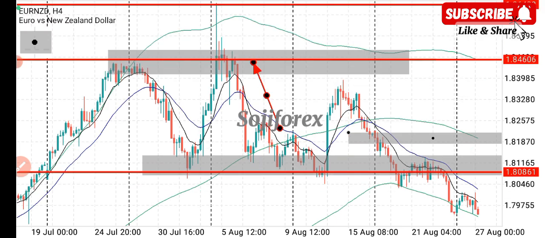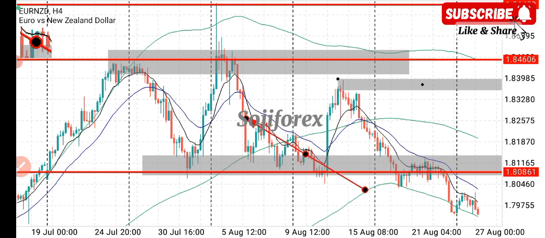Now, what you are marking must be a significant zone. Okay, you don't need to come, for instance, to this point and mark this one here. That is not what we are marking. It must be a significant zone. You can see here had been marked previously, and look at when price came in, you can see that price returned from that point.